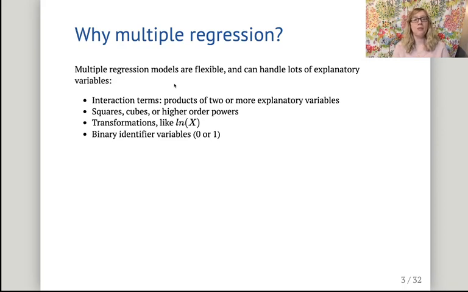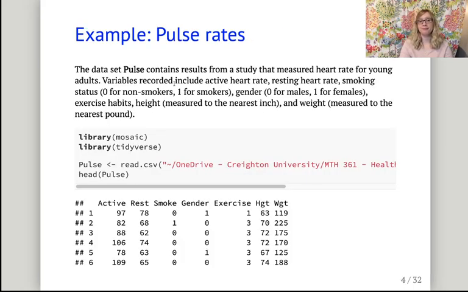So for example, y equals beta 0 plus beta 1 times x plus beta 2 times x squared is still a linear multiple regression model because you have a coefficient times a variable. So we can add squares, we can add cubes, we can add transformations, we can add other binary identifiers into this model. So it becomes very flexible when you start adding more variables.